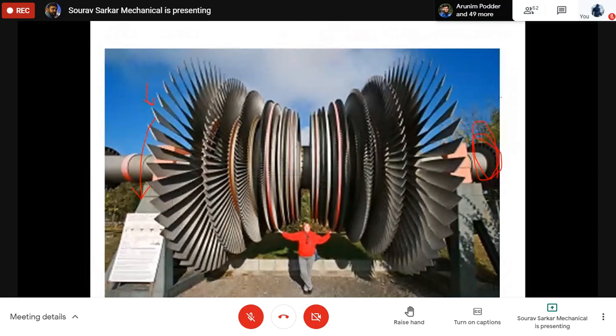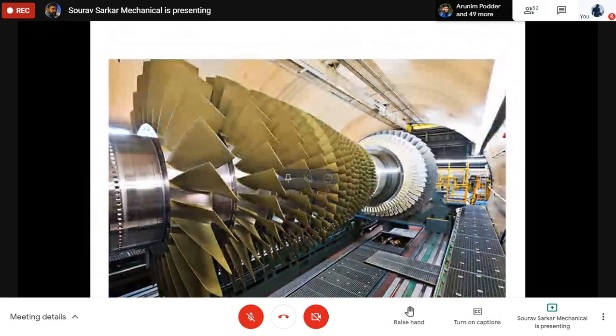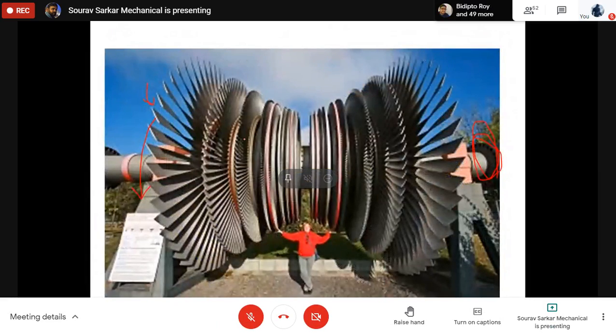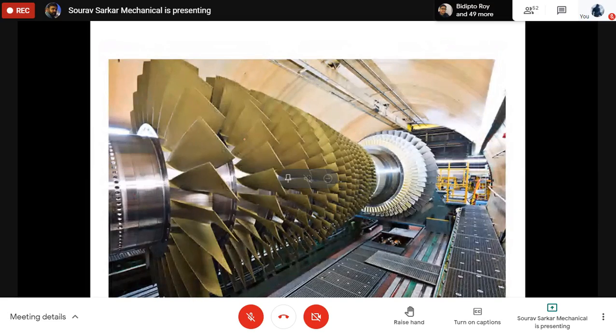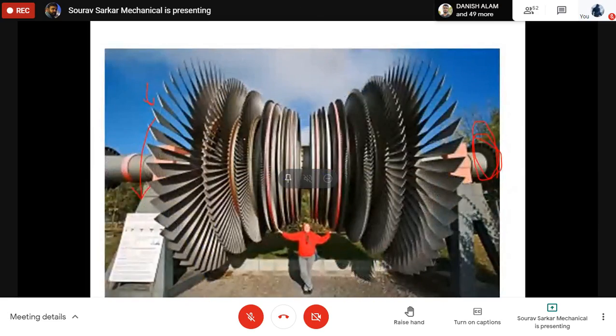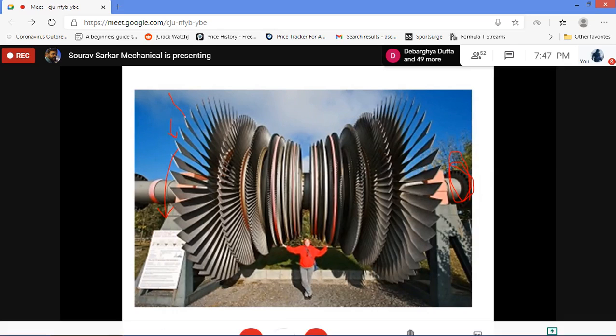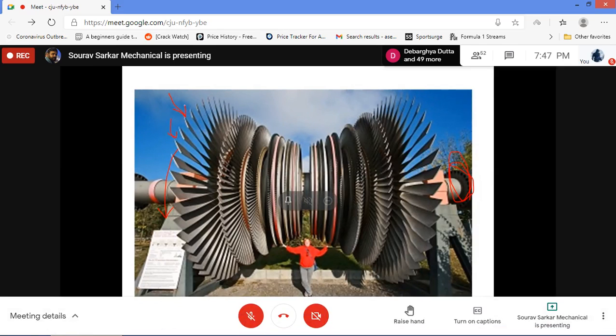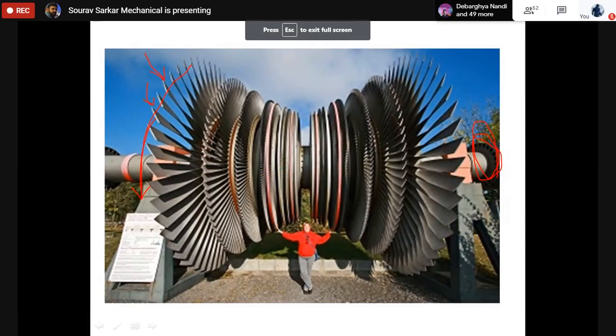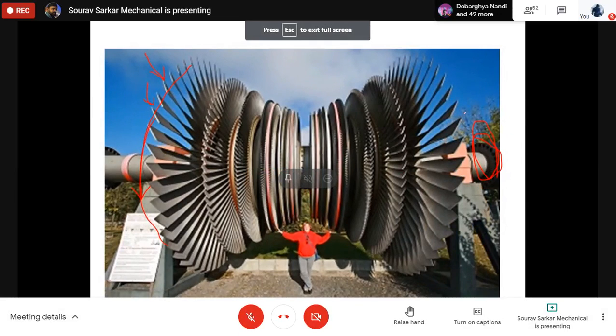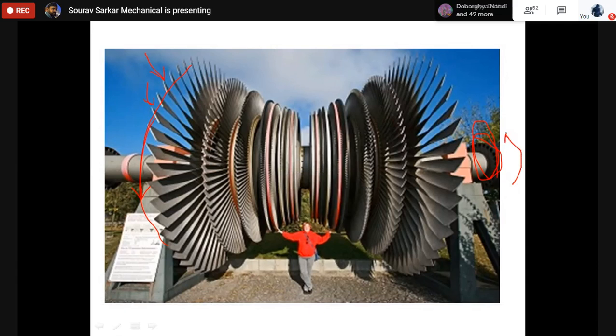So let's see, I will show you. This is basically a compressor. These two things look similar. The turbine and compressor look similar. For the turbine, the incoming fluid has the energy. It is driving this whole device, which is causing a rotation at the output.